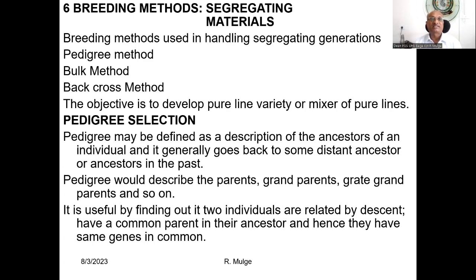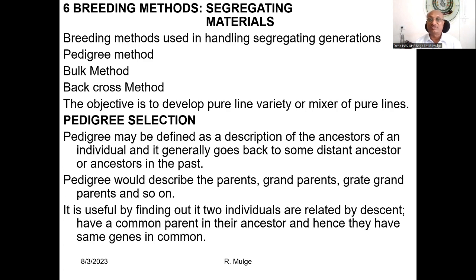So pedigree selection is one of the important and basic methods of breeding to handle segregating material. Pedigree may be defined as a description of the ancestors of an individual, and it generally goes back to some distant ancestor or ancestors in the past, any number of generations back. A pedigree would describe the parents, grandparents, great-grandparents, and so on.